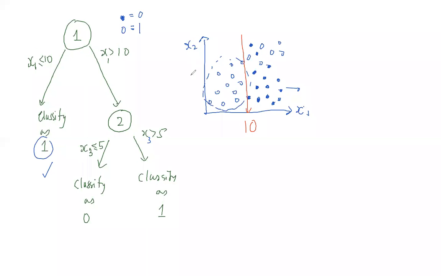Now you look at x2. On the x2 variable, there's no nice separation, right? Because you look at x2, the empty one and the filled one, they actually stack together, right? So x2 is actually a useless variable, it's not important for explaining the variation between these two classes.